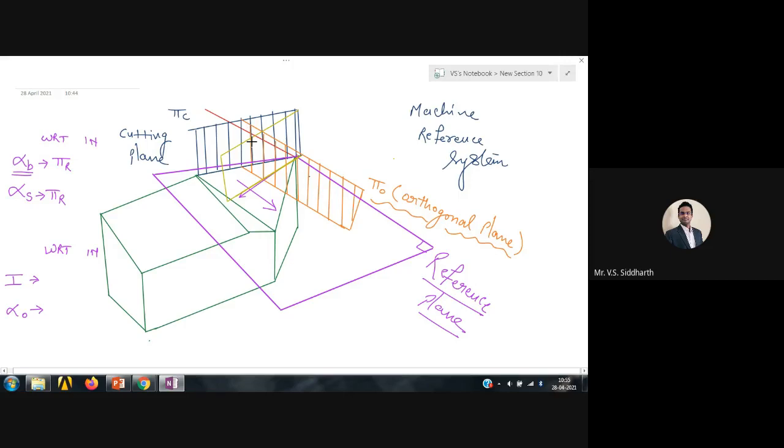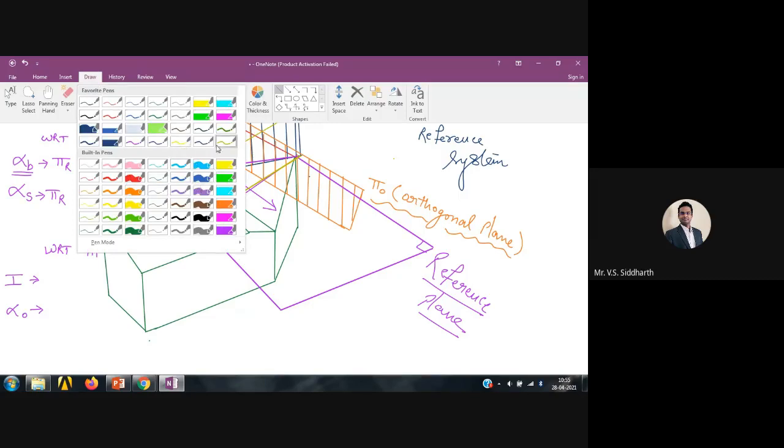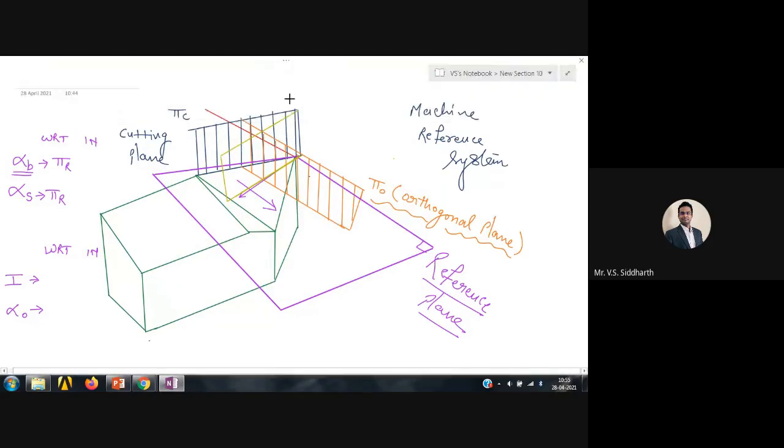Say yes or no. This is the pi y plane only, na? If you take it that side, it will be the remaining half of the pi y plane.